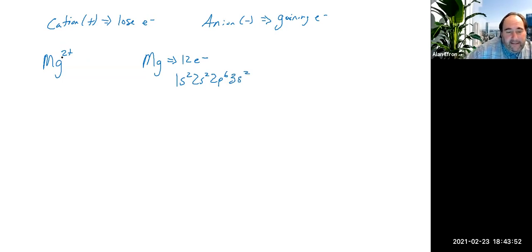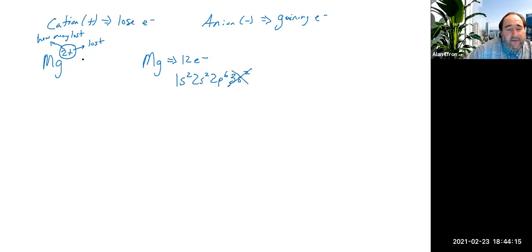Now, when it has a +2 charge, the plus means that it lost electrons. The 2 means how many it lost from its neutral state. And we always lose our highest energy electrons, so the 2 electrons that get lost are those.